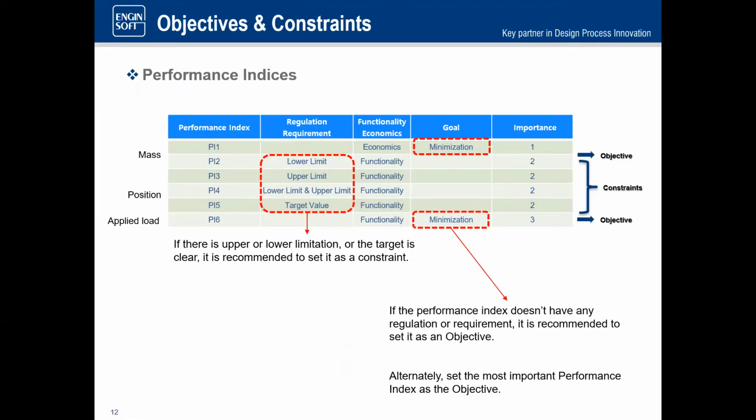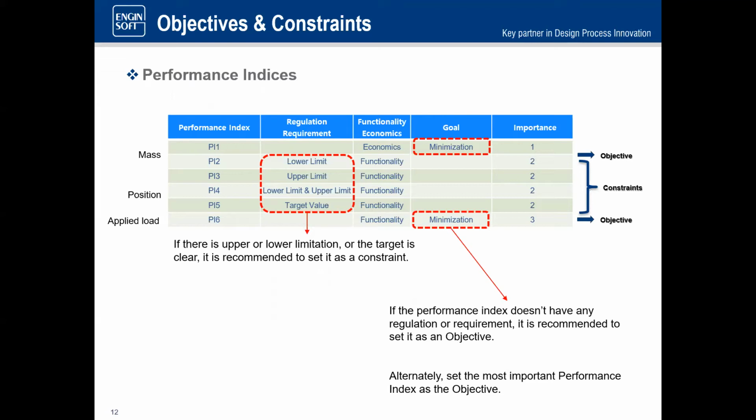For the performance indices, what we want to do is to check on each one and identify whether or not there are limits, whether lower limit or upper limit. And the ones that have limits are typically best assigned as constraints.